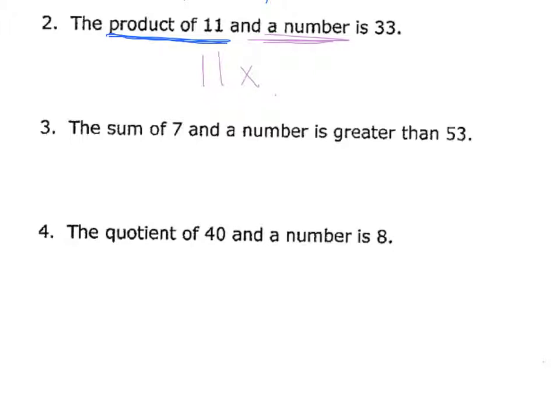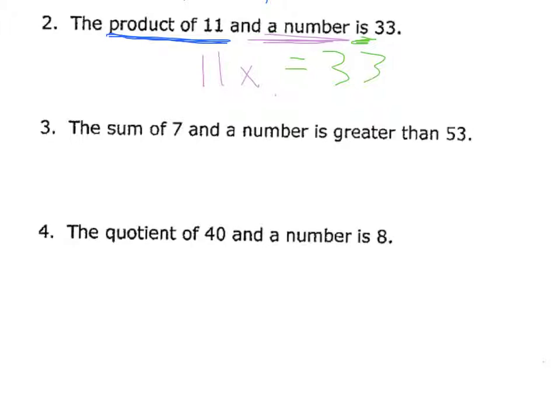Remember, is stands for equals. We just learned that a second ago. So is stands for equals, and that's set equal to 33. So we have 11x equals 33. We'll learn how to solve those in our solving linear equations unit.